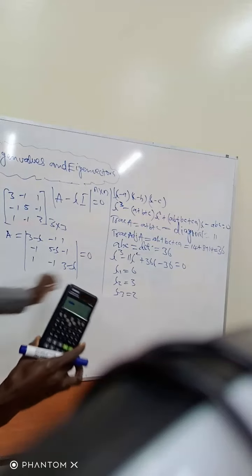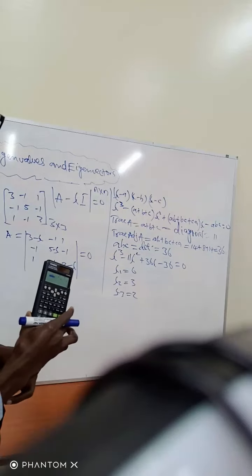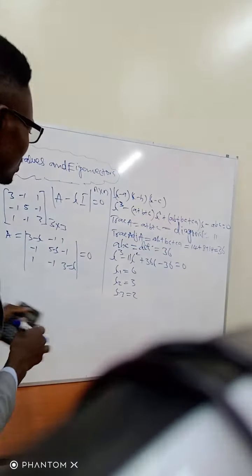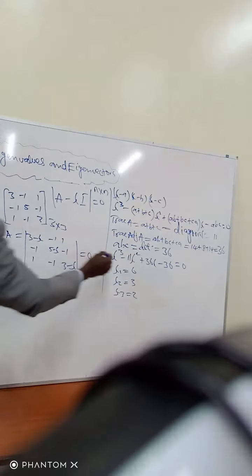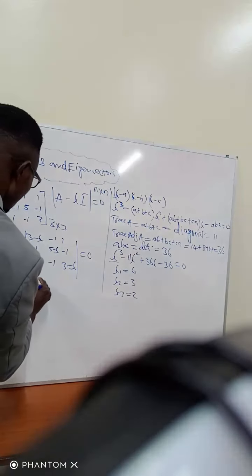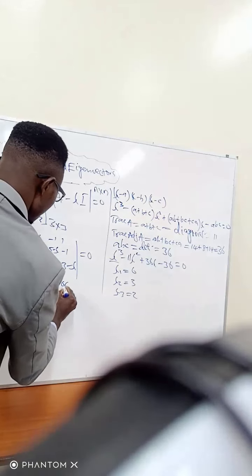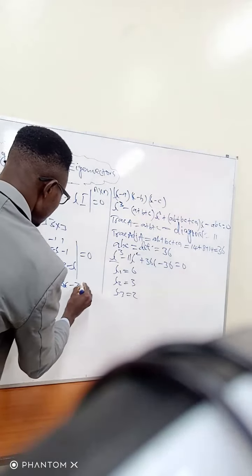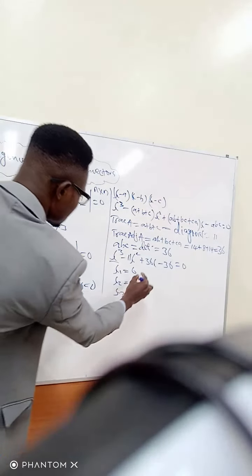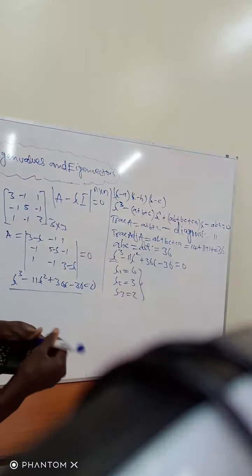So it will be a very long expansion, but that is the only way. You must arrive at this equation, which is lambda cubed minus 11 lambda squared plus 36 lambda minus 36 is equal to 0. And this equation will give you these 3 values for lambda 1, lambda 2, lambda 3.